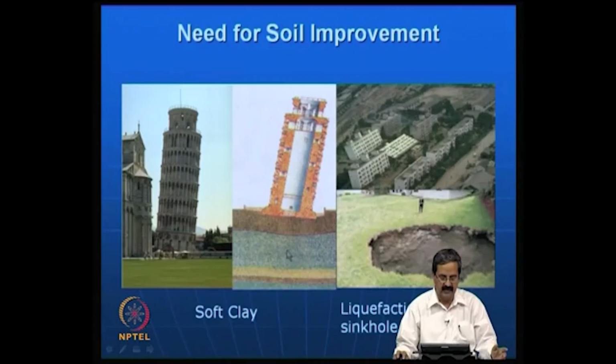This is a classical case of a bearing capacity problem in which the differential settlement has exceeded the permissible limits. But still, with the Leaning Tower of Pisa, the authorities wanted this acceptable tilt so that it remains an attraction to tourists. If it becomes vertical, nobody would go there.